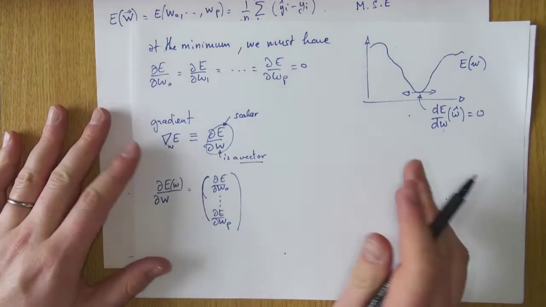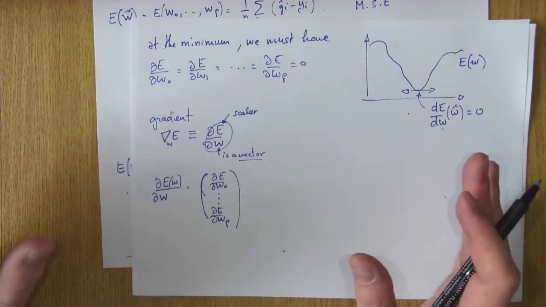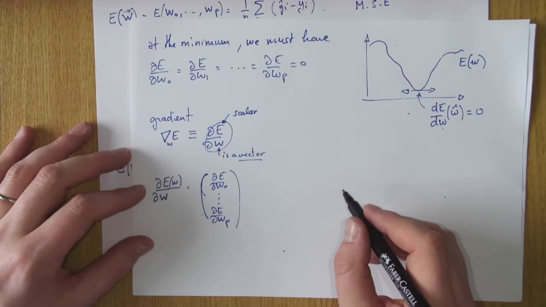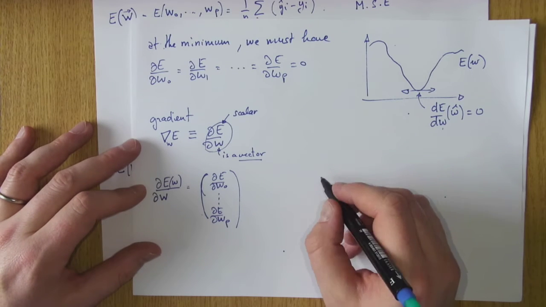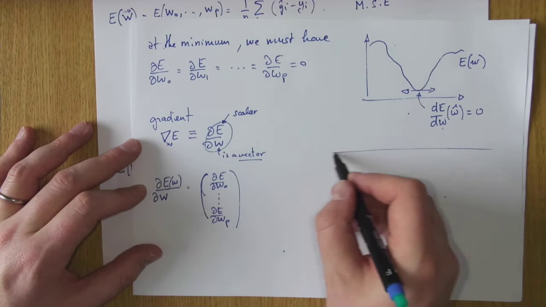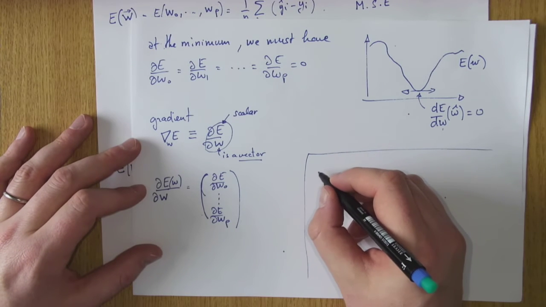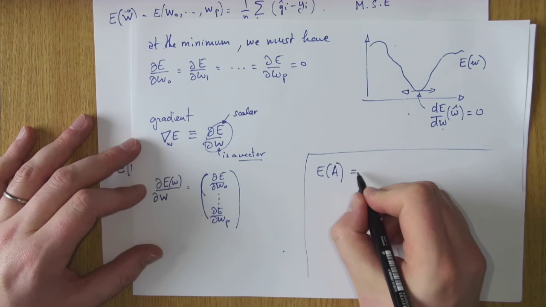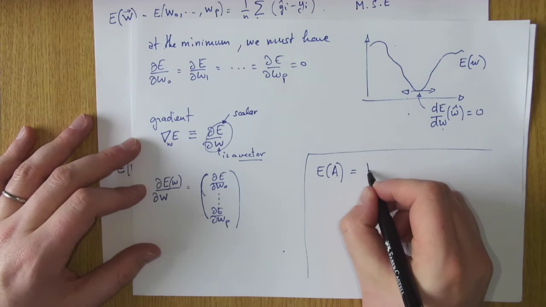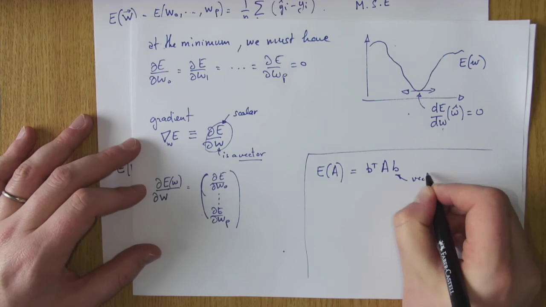As a side note, you can take the gradient according to pretty much anything. Say you have a loss function which is a function of a matrix A, and for completeness, say it's B transpose A B, where B is a vector.